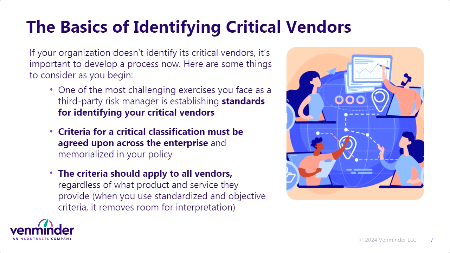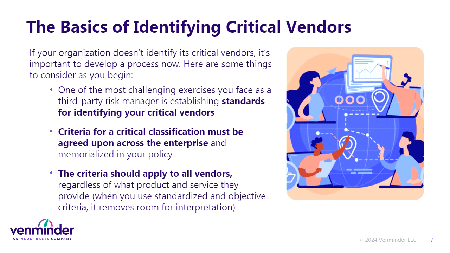So maybe you've realized that your organization doesn't identify its critical vendors. And if that's the case, I would really encourage you to start developing a process now with the information you learned today. And as you begin creating that process, keep these 3 points in mind. First, just recognize that it's going to be challenging to establish those standards for identifying your critical vendors, especially if there's other stakeholders involved that think about criticality differently.